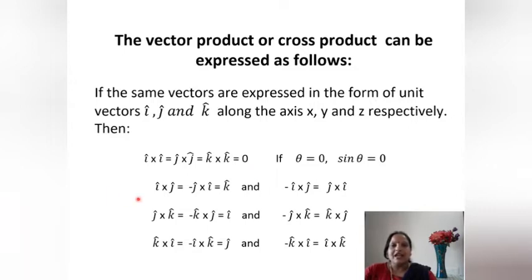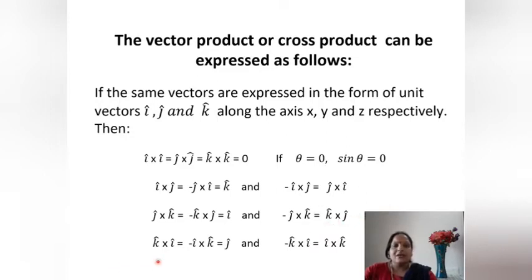And i cross j is equal to minus j cross i is equal to vector k. And minus i cap cross j cap is equal to j cross i, and j cross k is equal to minus k cross j is equal to i cap, and minus j cross k is equal to k cross j.